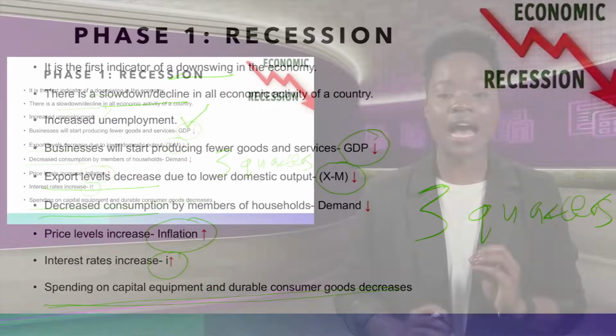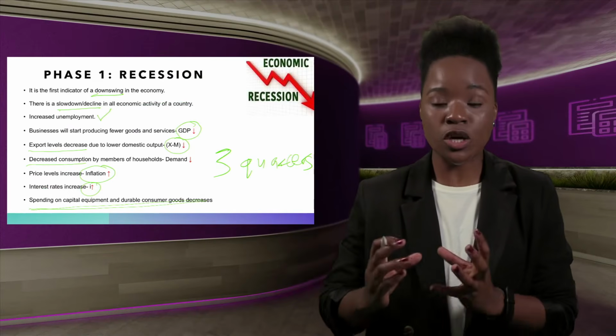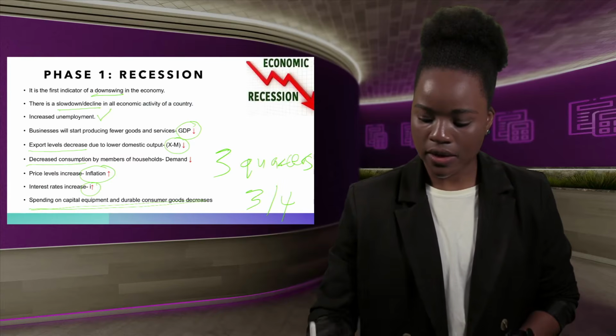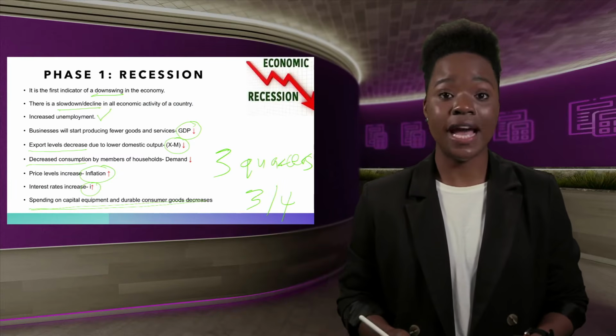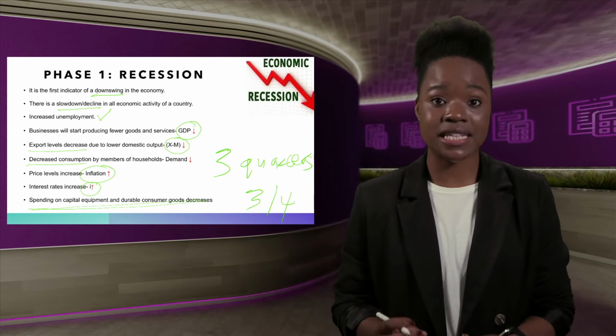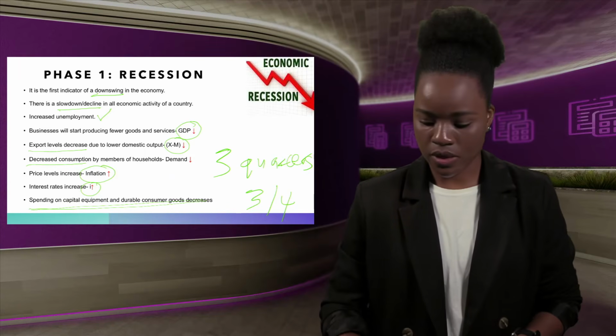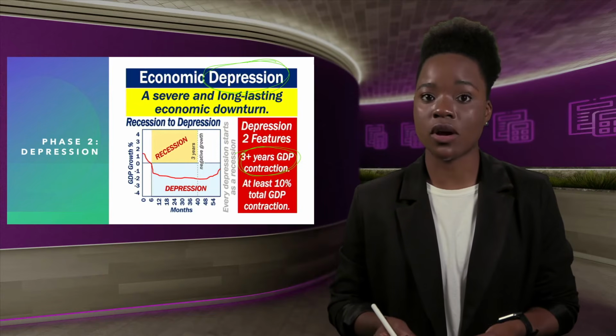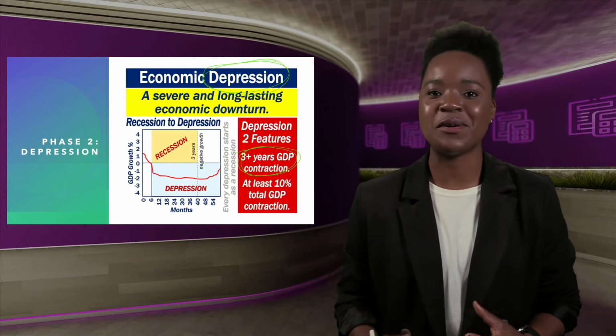So if things are going badly in 3 consecutive quarters, right? So for 3/4 of a year, we have unemployment which is high, we have inflation increasing, then we can say we are in a recession. Contrary to that, in a depression, it is 3 years and not 3 quarters. I hope you will remember that.